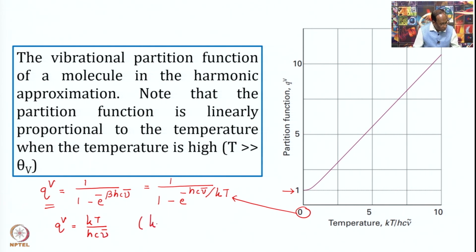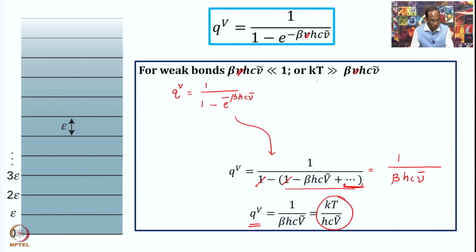That means it is when kT is much higher than hc nu bar. This was the condition, that is, kT is much higher than hc nu bar. All right.